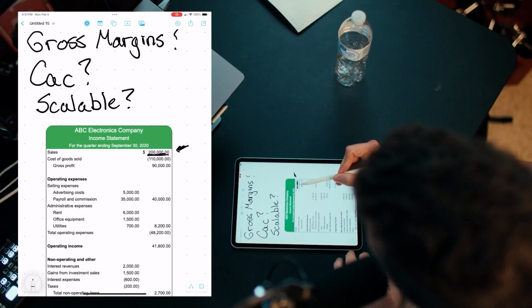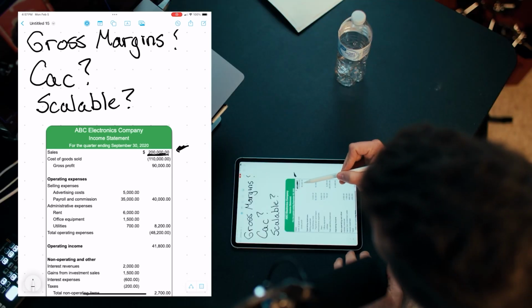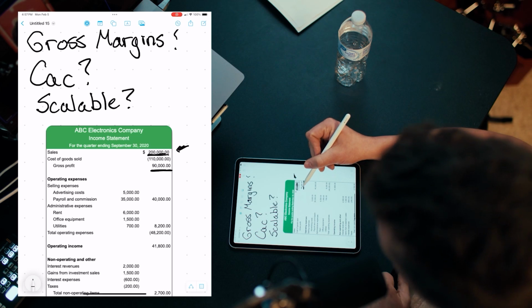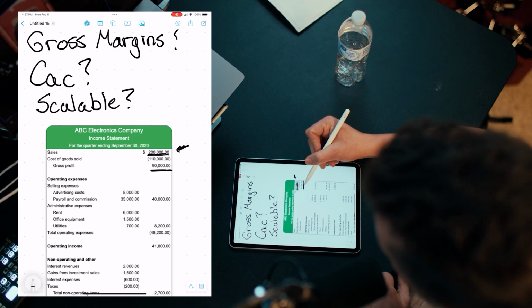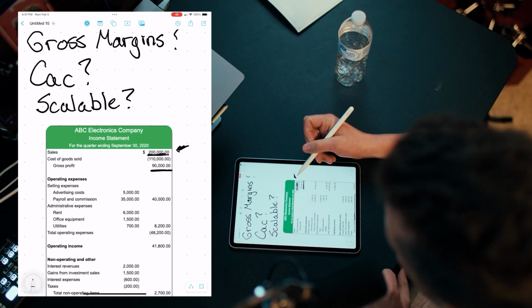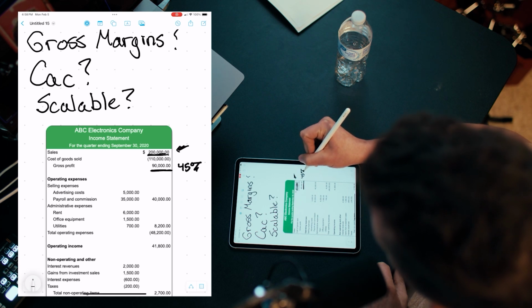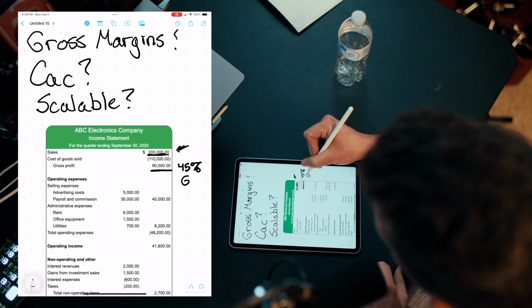And so that is ultimately your cost of goods sold, which leads you to your gross profit, from where you can determine what your gross margin is. In this particular example, they have a $90,000 gross profit from $200,000 in sales. This means that there is a 45% gross margin, okay, GM.